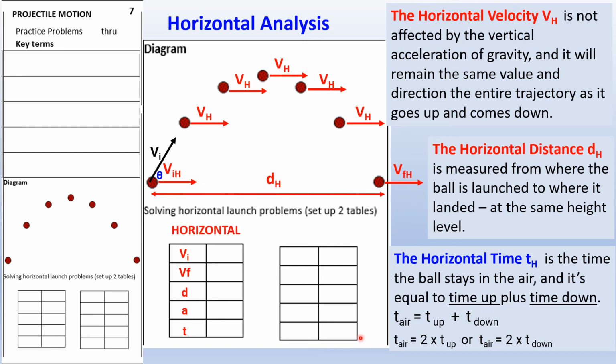Now for the horizontal table, VI is VH, VF is VH because it does not change. The distance is DH, the acceleration is 0 because velocity remains the same, and the horizontal time is the total time in the air.